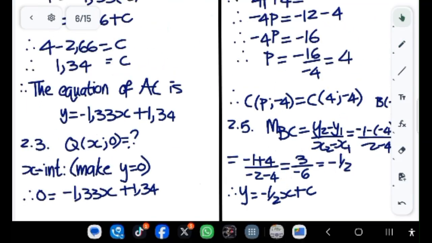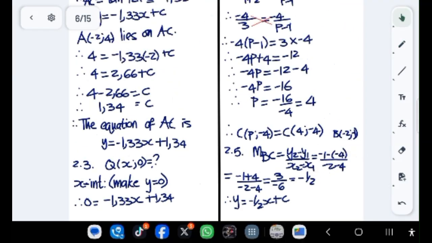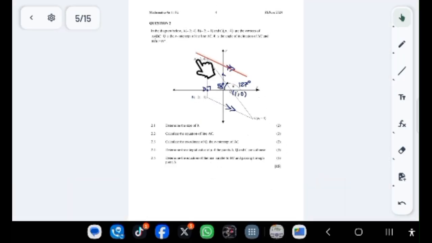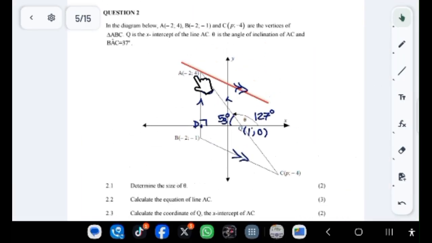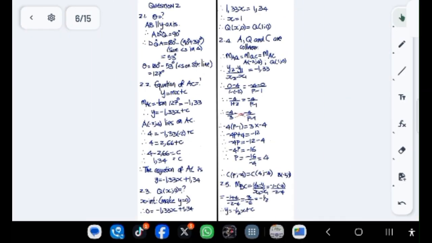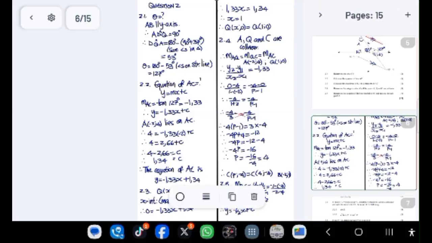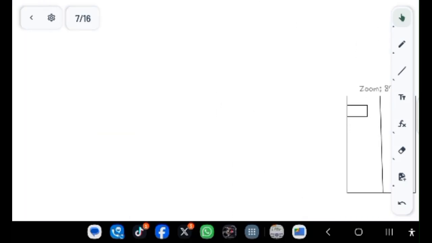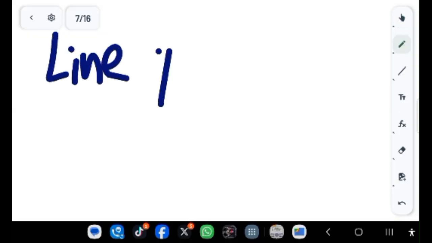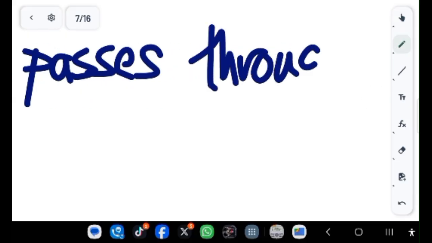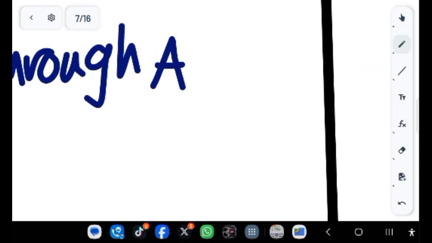In order to find the rest of the equation, we substitute the coordinates of A, because that's the point the line passes through. The line passes through A with the coordinates -2, 4.